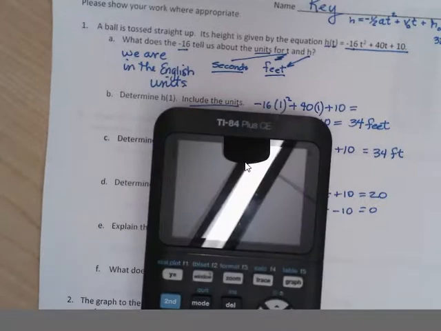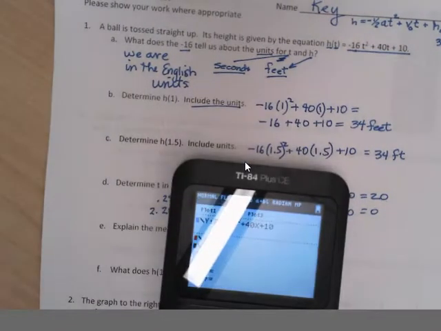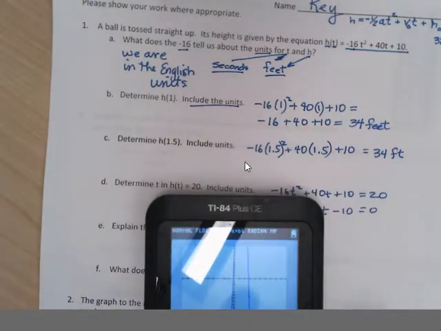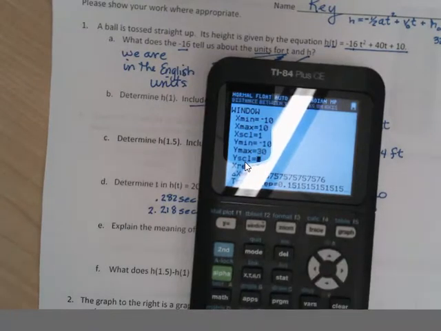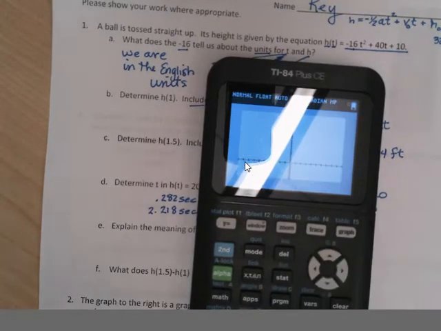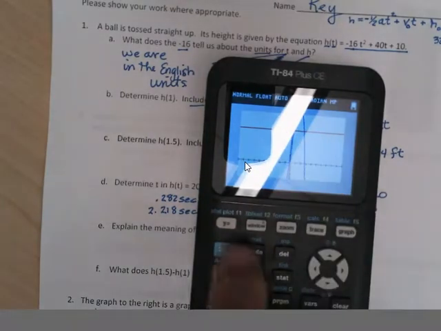On the calculator, we could do the same thing. Go to y equals and put in 20, graph. It's off the screen. I need to see higher, so I go to Window, and let's make the high 30. That's over 20, and if I push graph now, there's the ball going up and down, and there's 20 feet, and I can find the intersections.